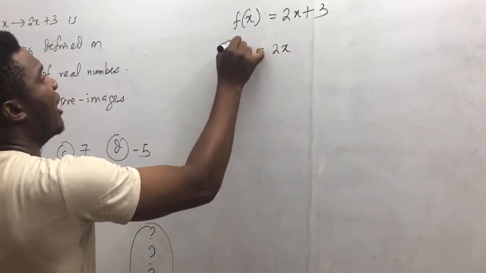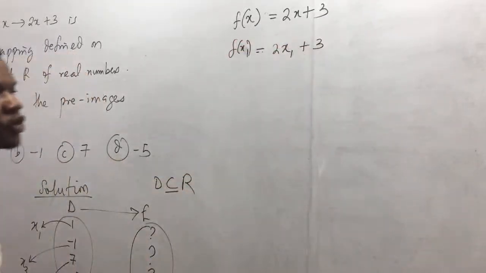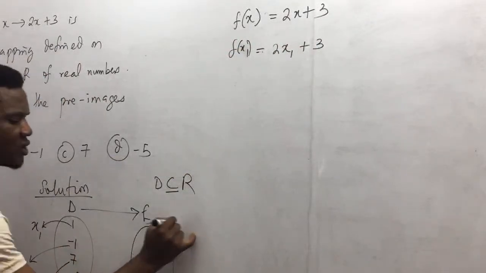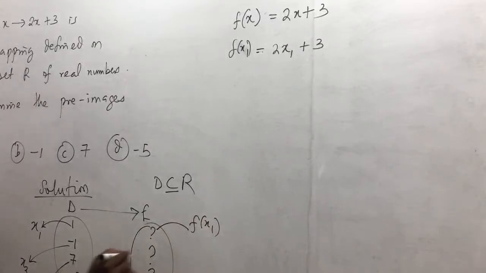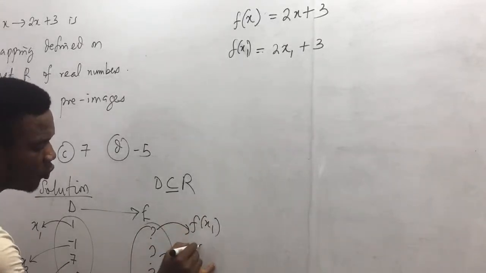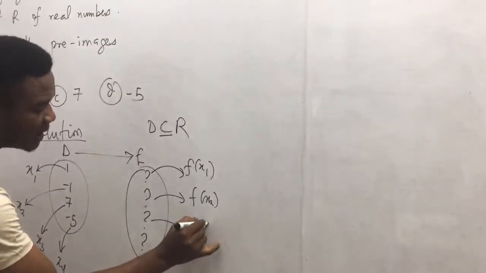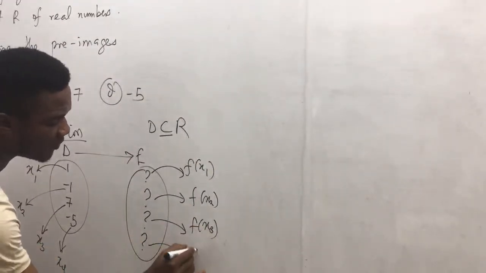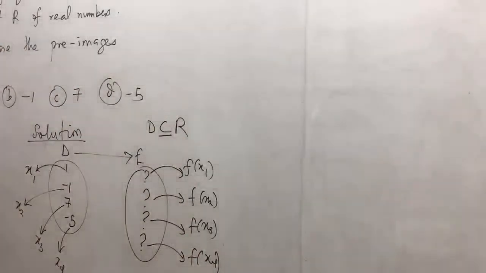You would have f of x1 is equal to 2x1 plus 3. So this first one is f of x1, and we want to obtain it. We don't know what f of x1 is. We don't know what f of x2 is. We don't know what f of x3 is. We don't know what f of x4 is. And these are the pre-images they want you to obtain.